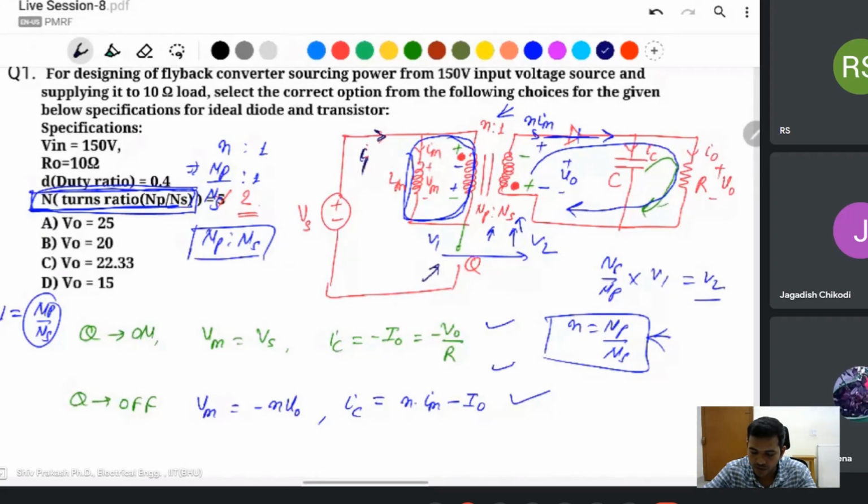If the switch is on, then this current will flow. If the switch is off, then this current will be 0. Only Im is present.